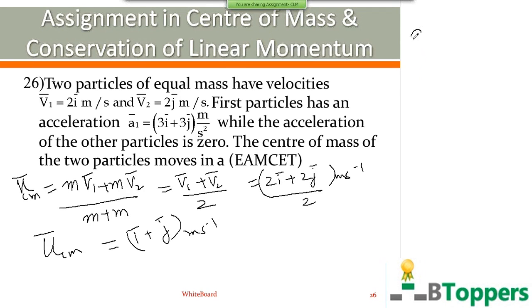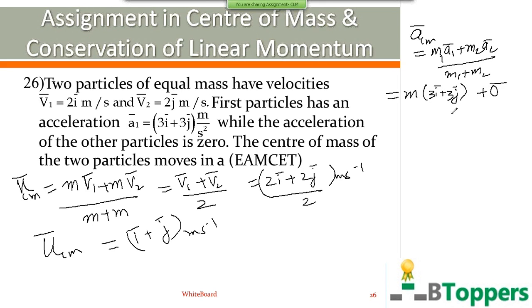The acceleration of the center of mass system of the two particles is given by m1 a1 bar plus m2 a2 bar by m1 plus m2. Here the mass m1 of the first particle is the same as the mass m2 of the second particle. Let m denote the mass of each particle. Acceleration of the first particle is 3i bar plus 3j bar.